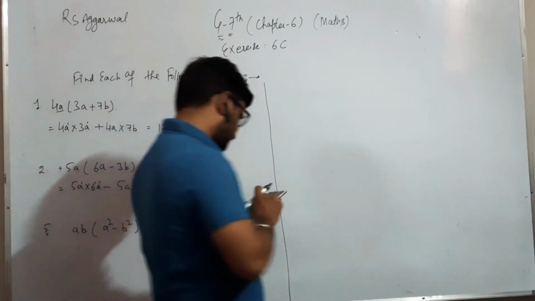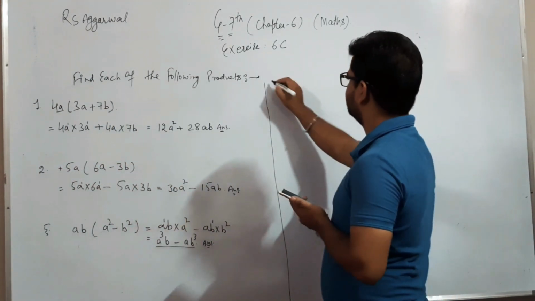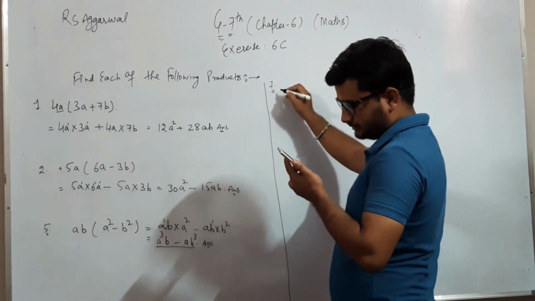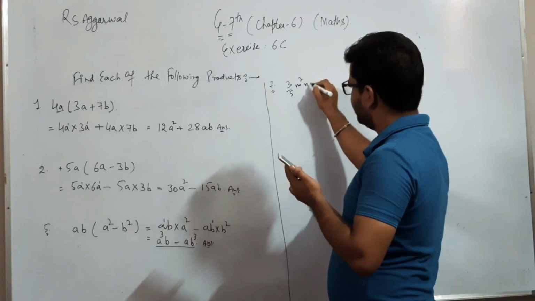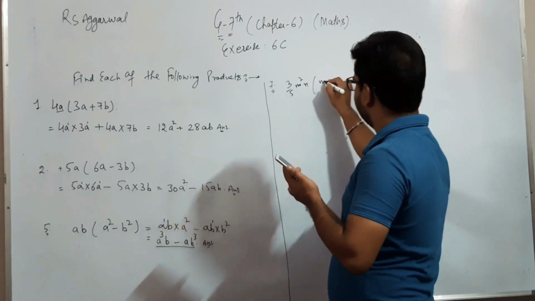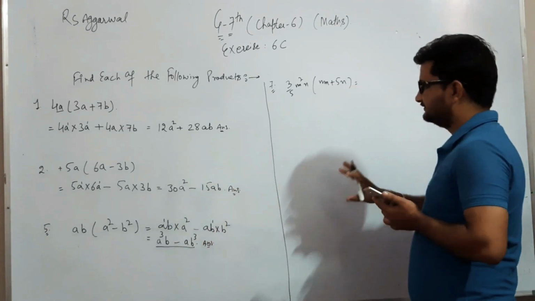Next we are doing the seventh question of this exercise. The seventh question will be 3 by 5, then m raised to power 2 and n in bracket, m plus 5n. Okay, so this question is the same.